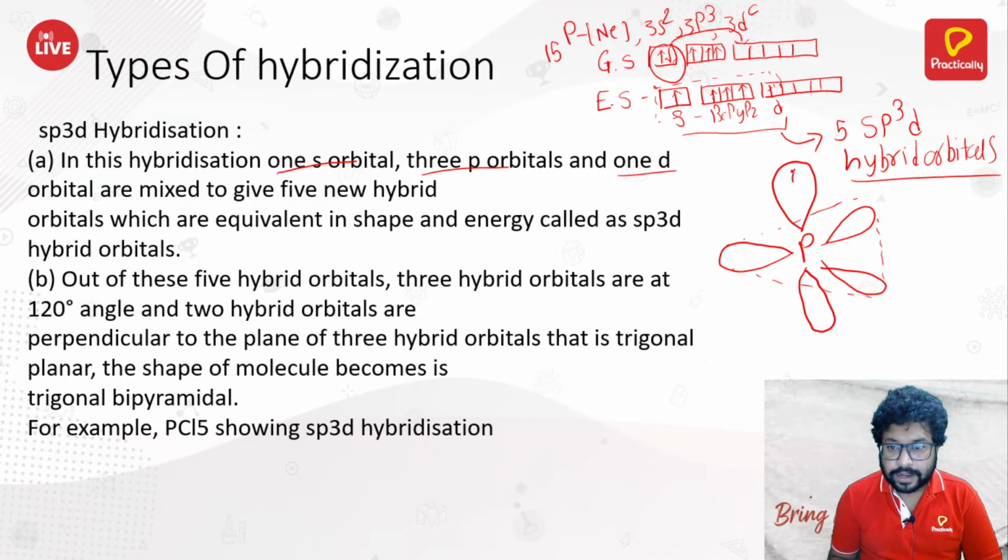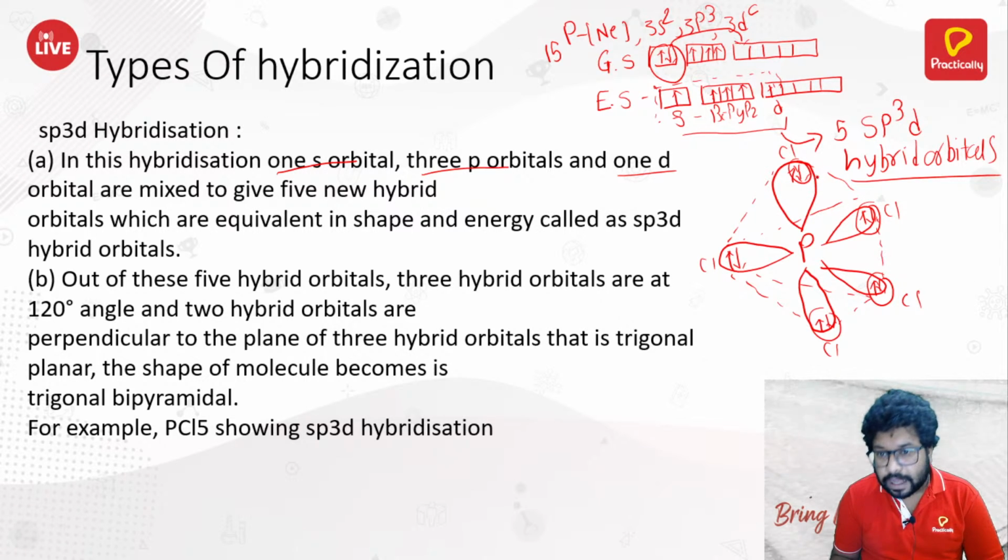Each one has an electron overlapping with chlorine. This also overlaps with chlorine, and that's how you get trigonal bipyramidal. You can see the pyramid forming here.